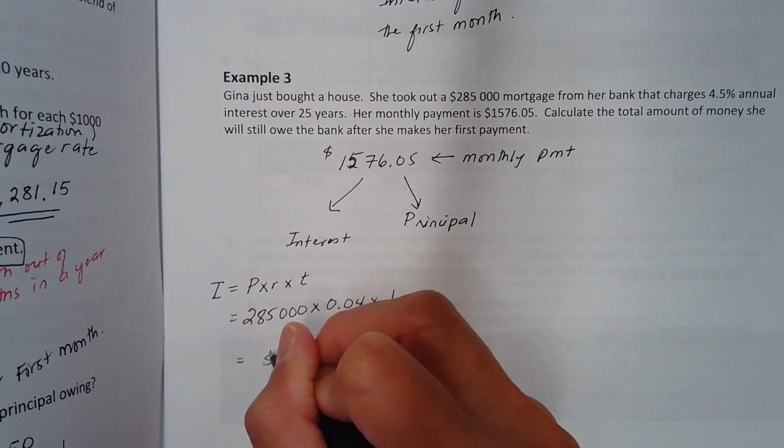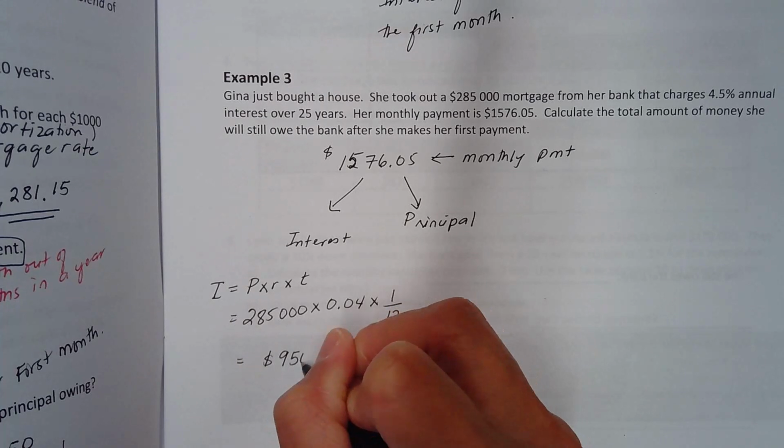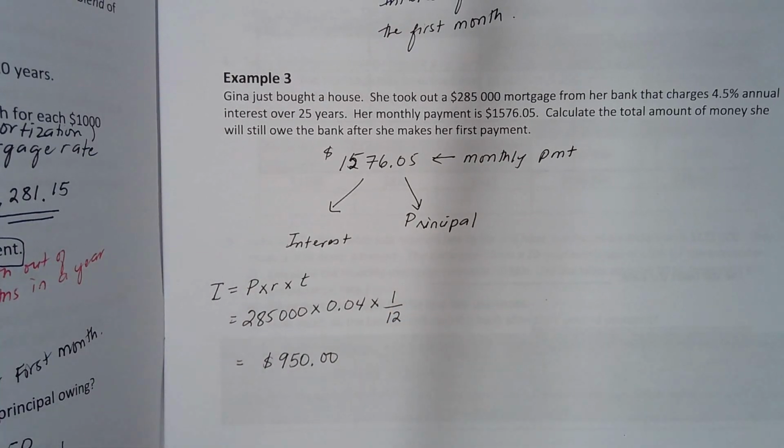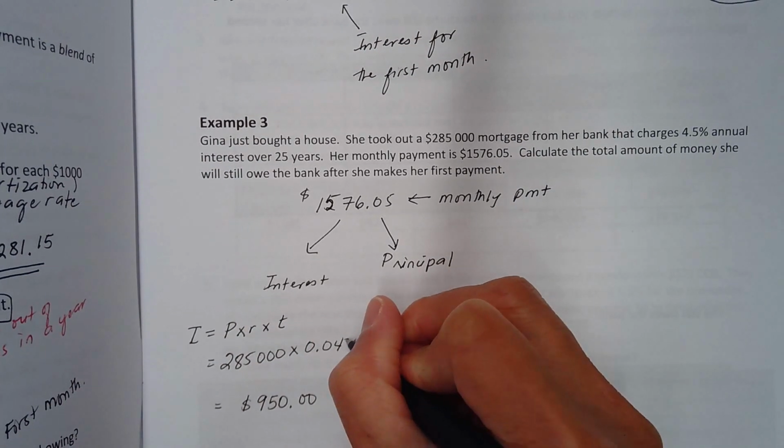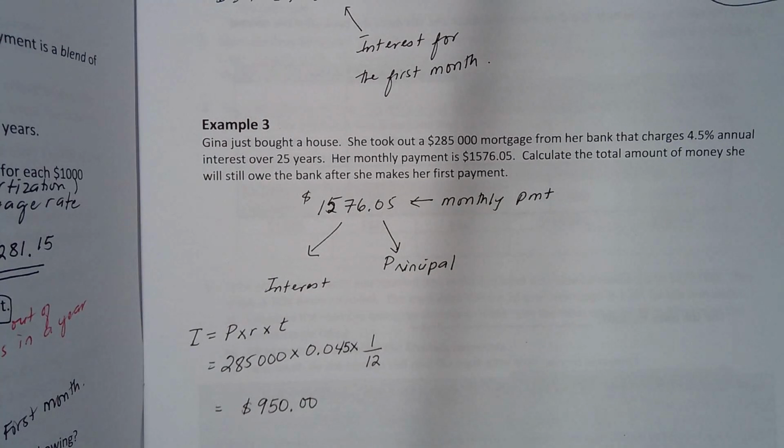Okay, somebody verify my answer. I got 950. Did you get 950? Everybody got 950? Am I missing the number? Oh, yes, I am. Thank you. Yeah, 0.045, that makes a difference. We did talk about that yesterday.